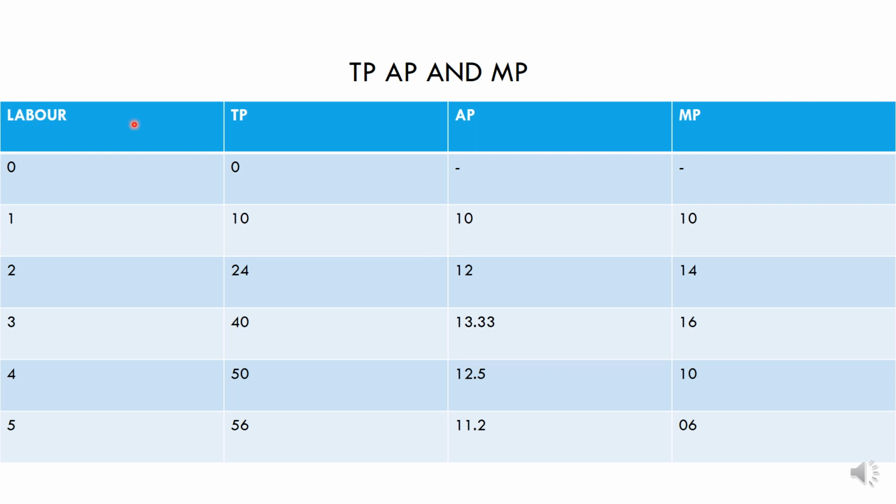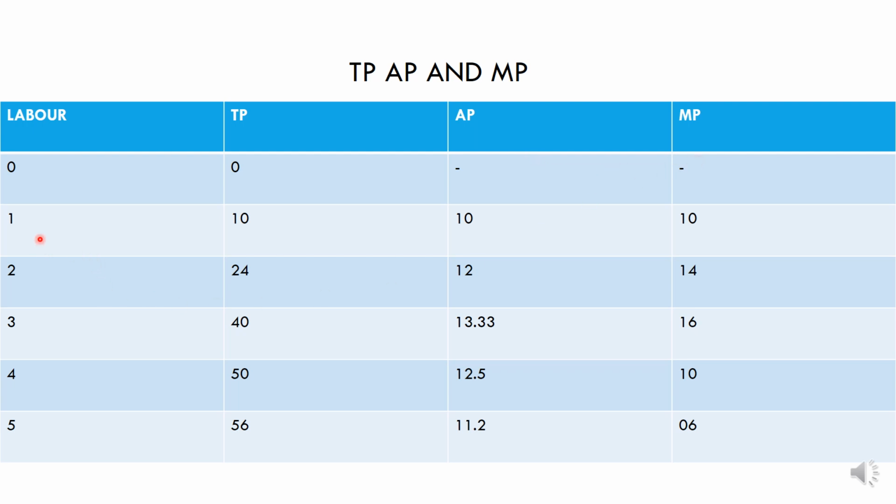So here we are studying the relationship between this input and the output, assuming that all the other three factors are constant: land, capital, organization, and we are changing only the labor. So 0 units of labor cannot produce any output. That is why TP is 0, AP and MP are undefined.